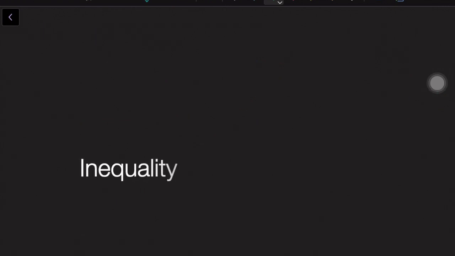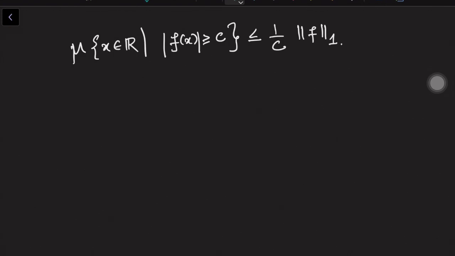Before going further, let's see what this Hardy-Littlewood maximal inequality is going to say. Remember we have already done the Markov inequality; here we are going to consider the same thing.